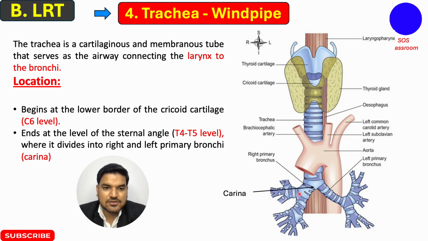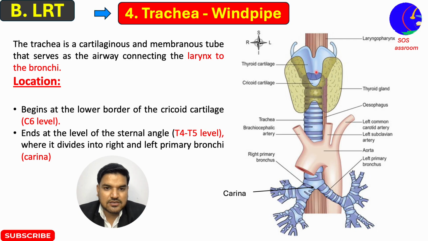What are the locations? It starts from the cricoid cartilage. The cricoid cartilage is present at the level of the sixth cervical vertebra. From cervical vertebra 6 to the T4 or T5 level, meaning the thoracic vertebra 4 or 5. Here is the carina.